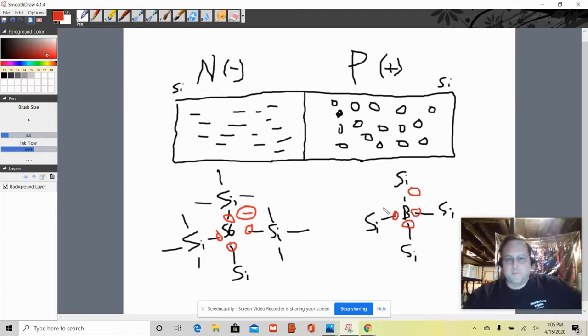So right now, this portion of this mixture only has 7 valence electrons. I got 4 from the surrounding silicon atoms that we're sharing, but I'm missing 1 because boron only has 3 electrons. So that's how we get to the point where one side is positive, one side is negative. There are holes over here for the electrons to go into, and there are electrons over there to go over.